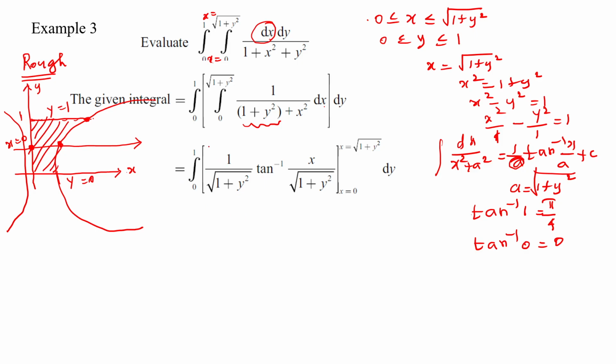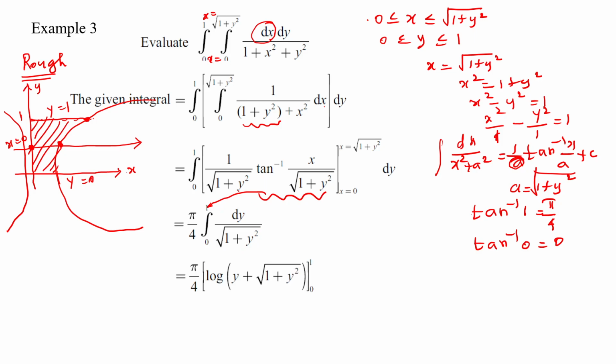The remaining, that value is pi by 4. We can take it outside. Remaining is 0 to 1 dy divided by root of 1 plus y square. Square root of 1 plus y square formula is integral over dy divided by root of 1 plus y square equal to log y plus root of 1 plus y square.